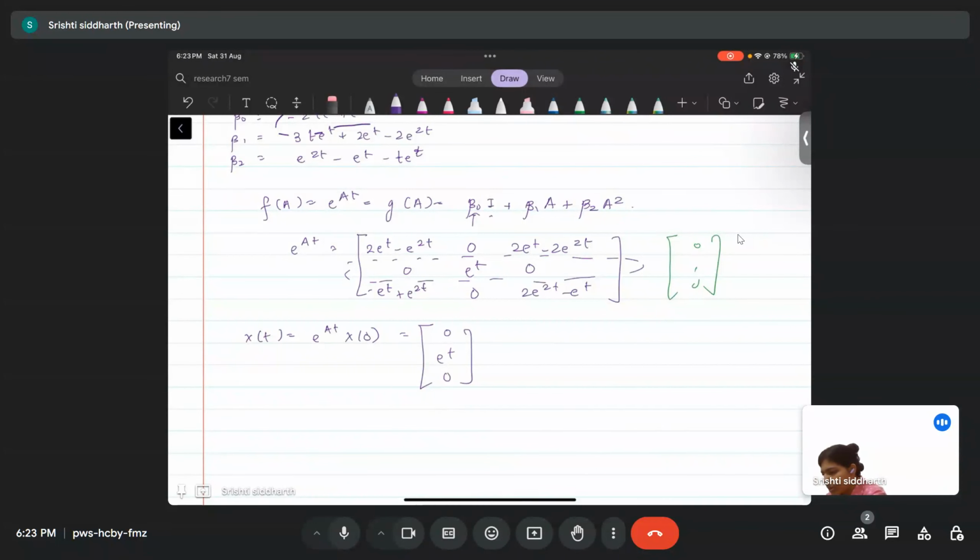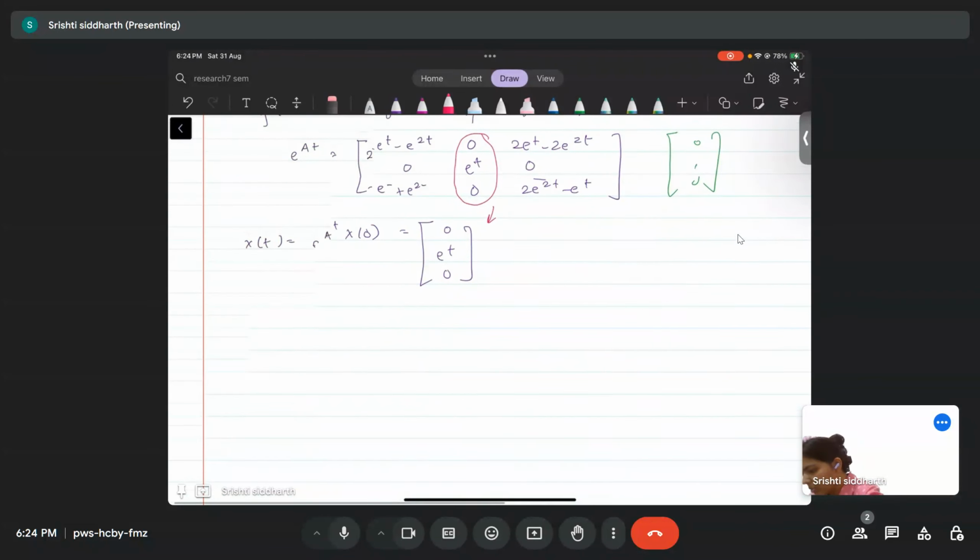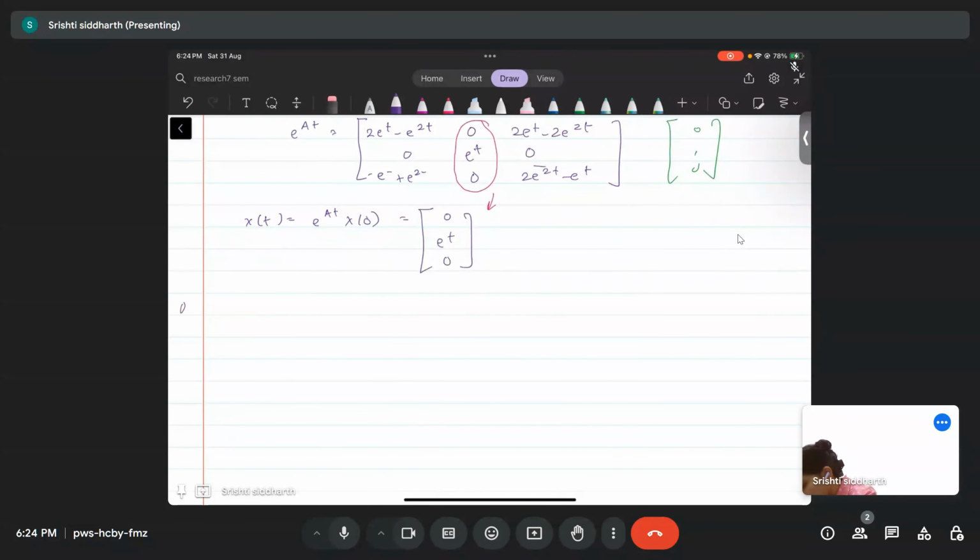Or sorry, extracting the second row, second column of this matrix. So this is fine. Let's move on to the next question.